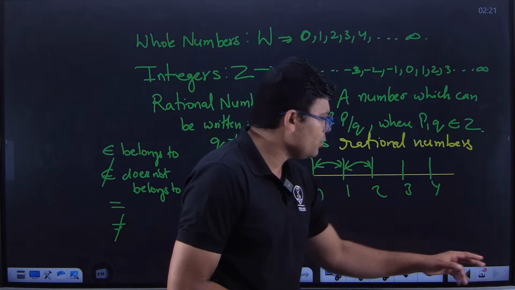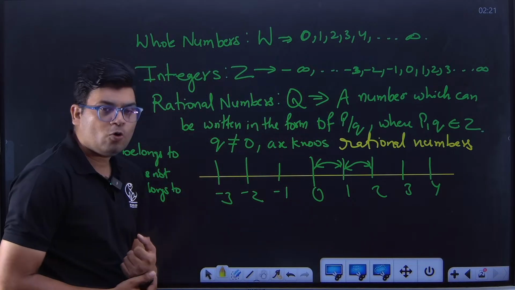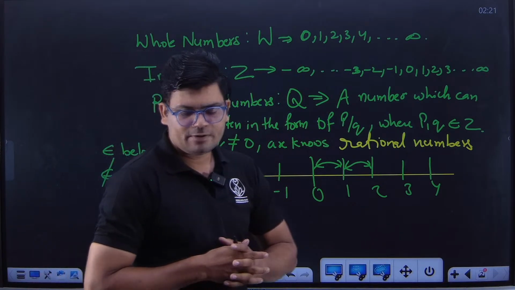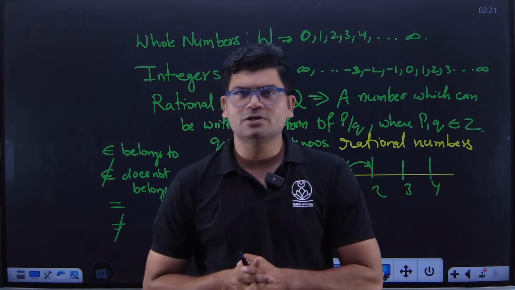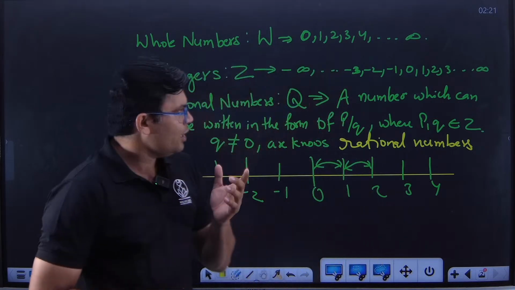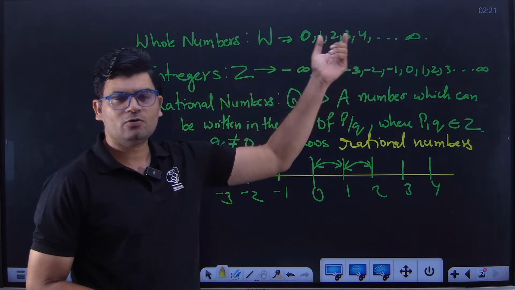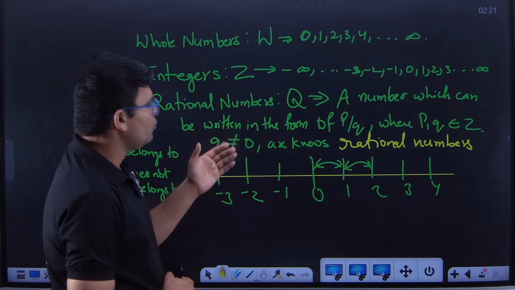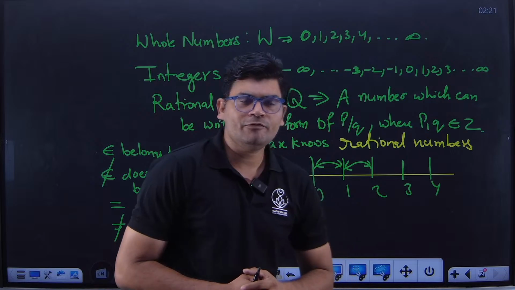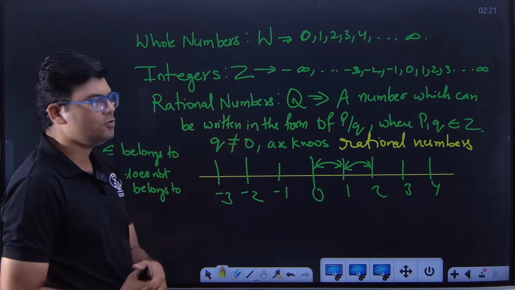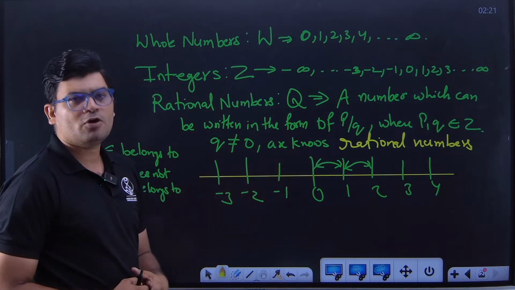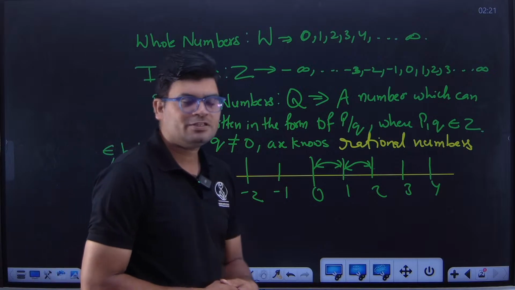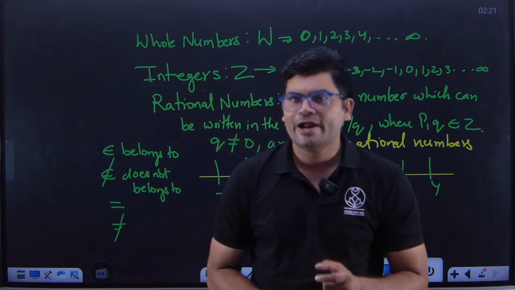Then we have one more number system whose name is whole numbers, represented by capital W. The only difference between natural and whole numbers is 0, and then the integers, in which we include negative numbers as well, and then we also include the fractions, and those numbers together along with positive, negative and fractions, we say those numbers are rational numbers.